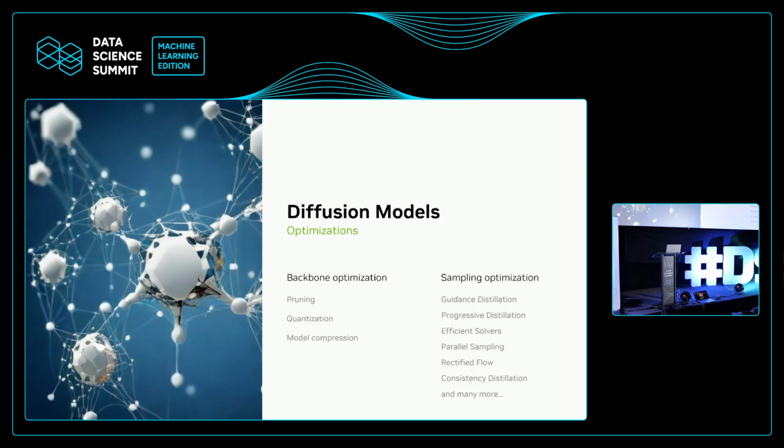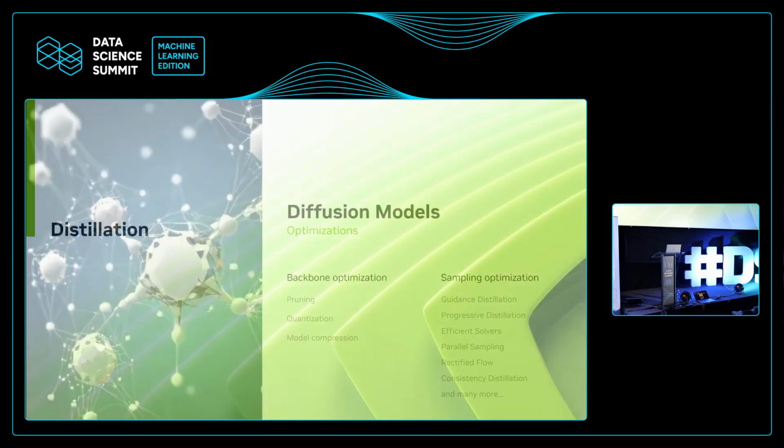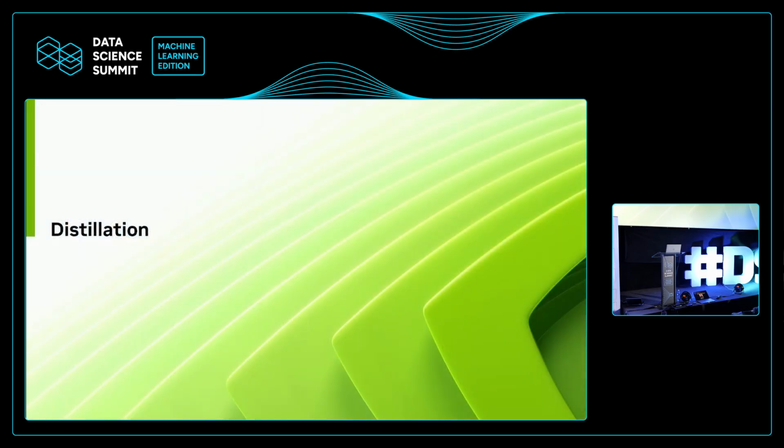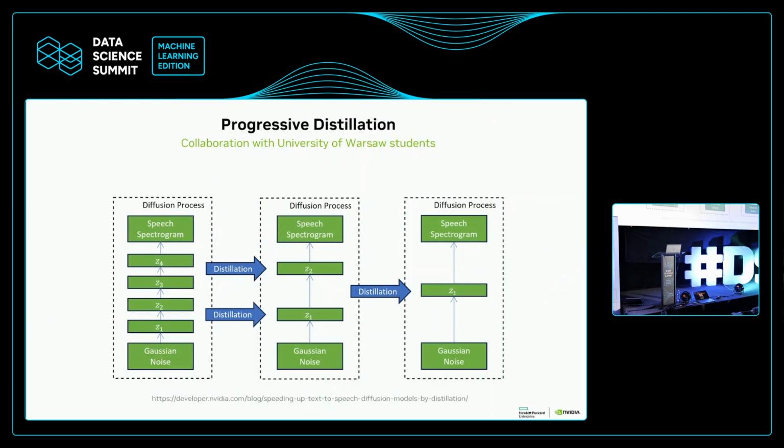One very interesting approach is distillation. Distillation is a technique that allows us to transfer the knowledge from a teacher model to a student model. We have collaborated with University of Warsaw, and some students, as a part of their bachelor thesis, worked on progressive distillation. They have worked on a model for speech generation.